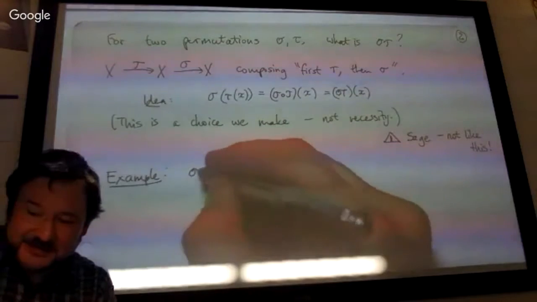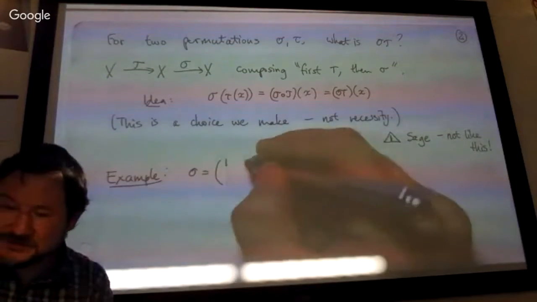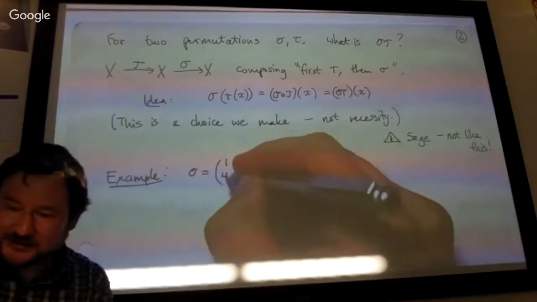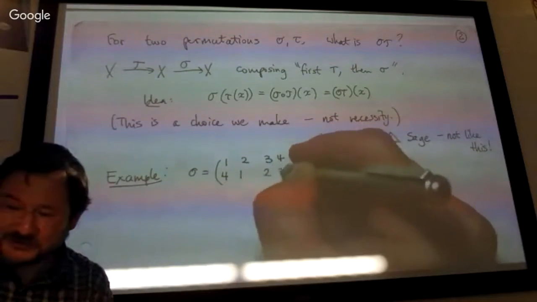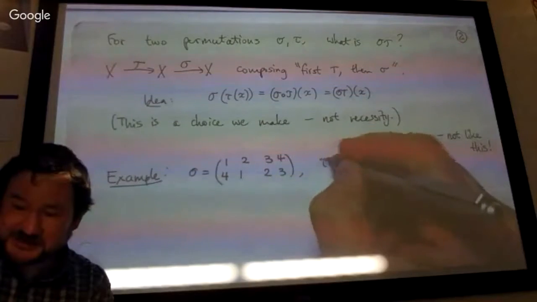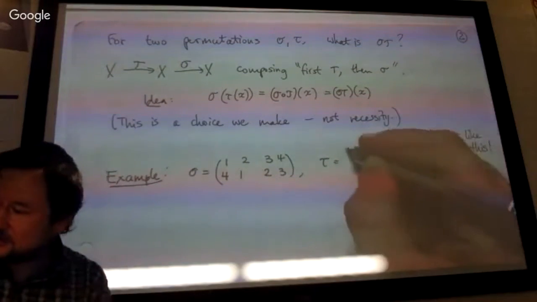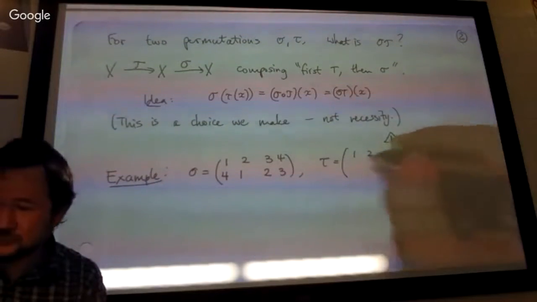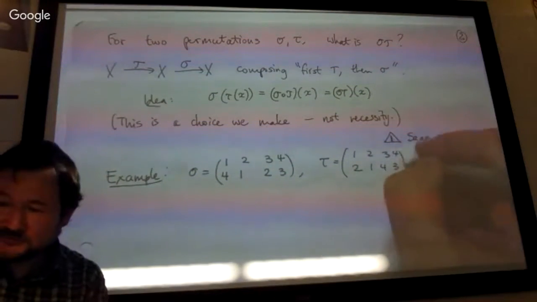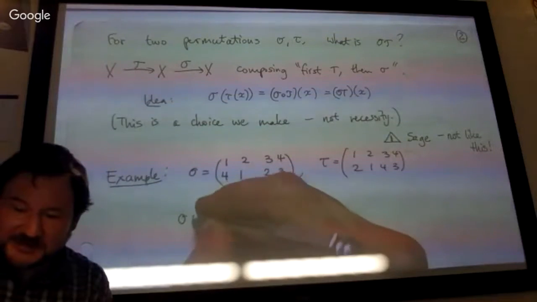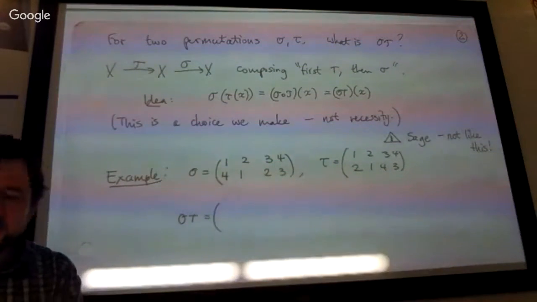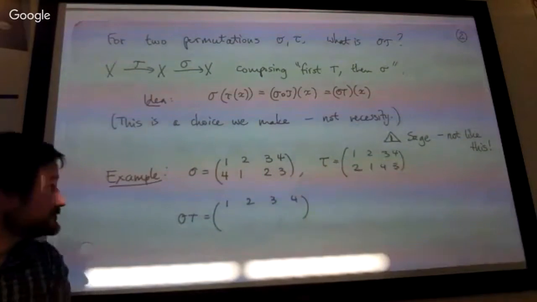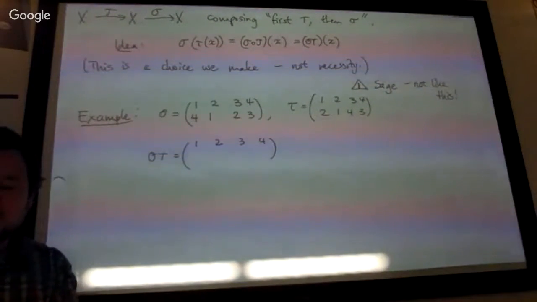Okay, example of a phenomenon. Let's say sigma is 1, 2, 3, 4 goes to 4, 1, 2, 3, and tau is 1, 2, 3, 4 goes to 2, 1, 4, 3. So what is sigma tau? That means doing tau first, and then sigma.